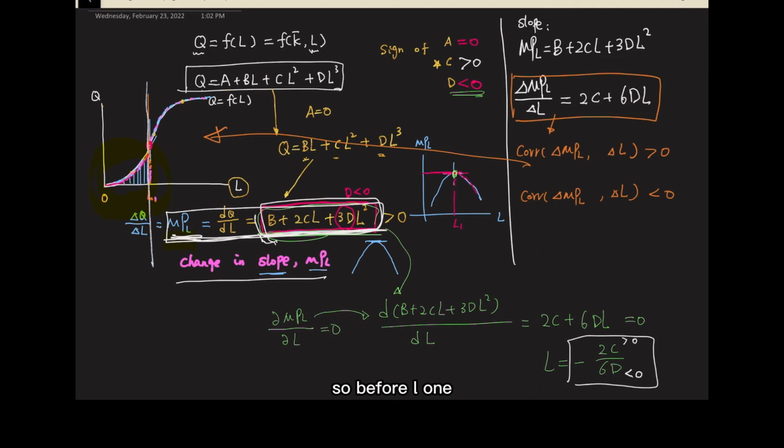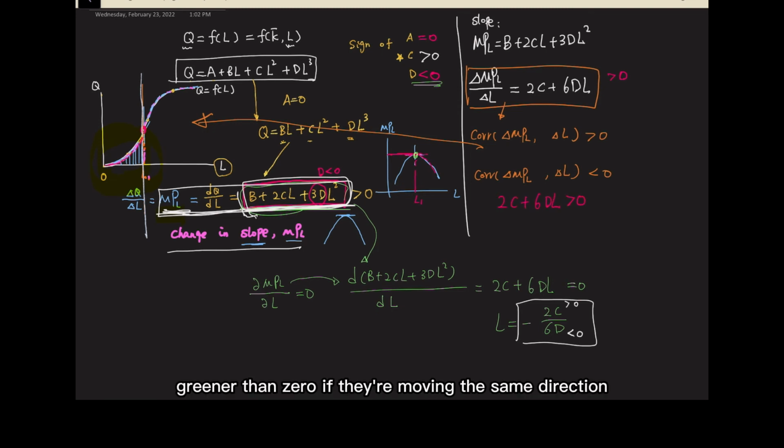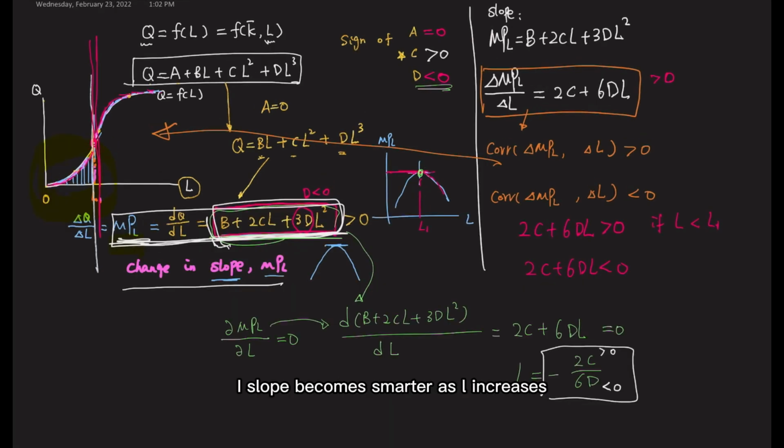So before L1, this is greater than 0. So that's this 2C plus 6DL greater than 0, because they move in the same direction if L is less than L1. But after L1, 2C plus 6DL is less than 0. You see, the slope becomes smaller as L increases, if L is greater than L1.